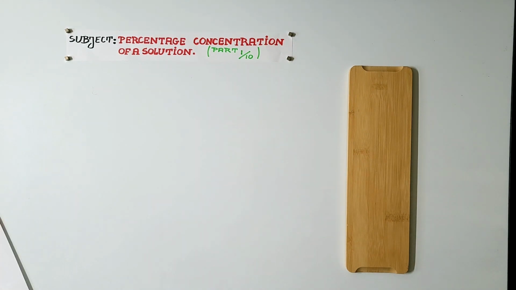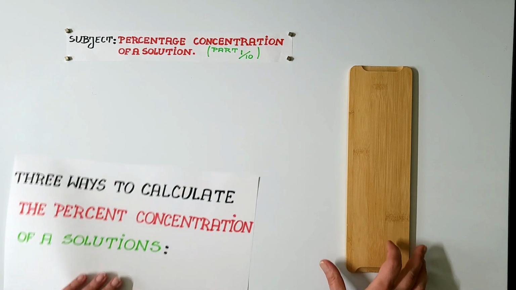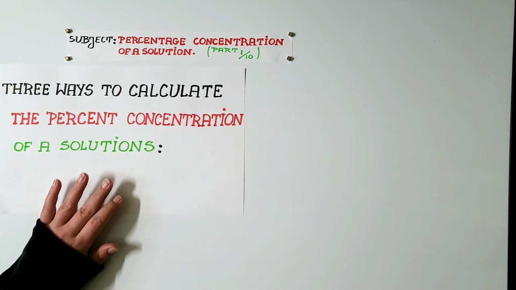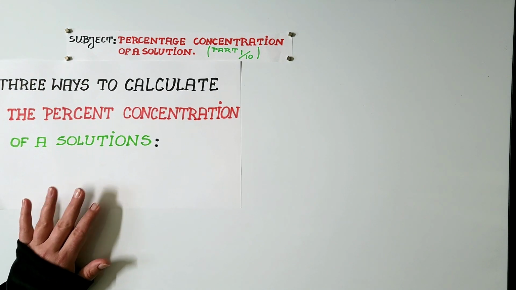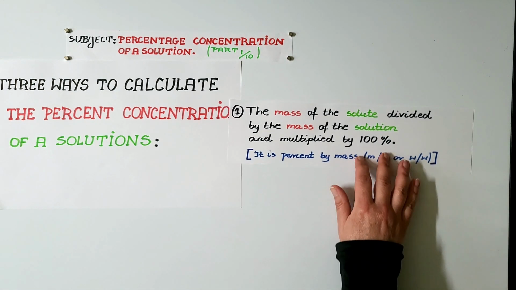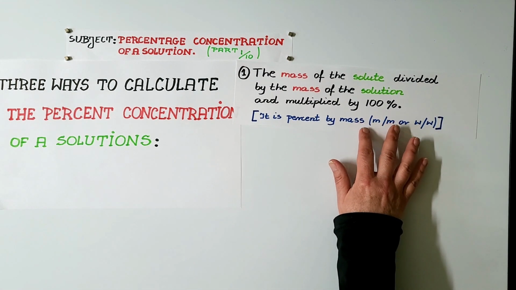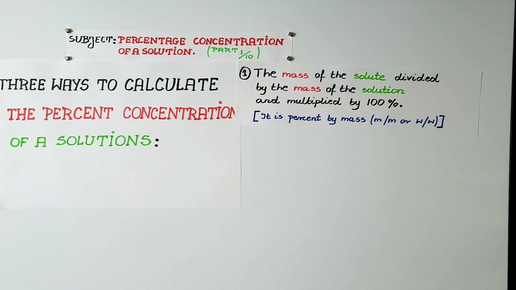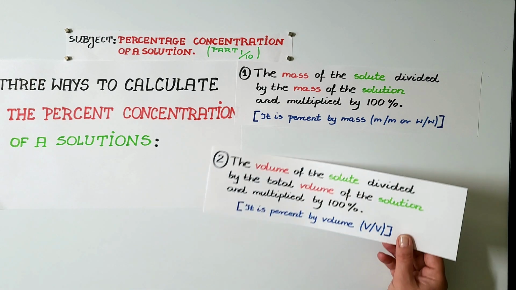How can we calculate the percentage concentration of a solution? The percentage can be determined in one of three ways: the mass of the solute divided by the mass of the solution and multiplied by 100%. It is percent by mass, mass over mass, or weight over weight.